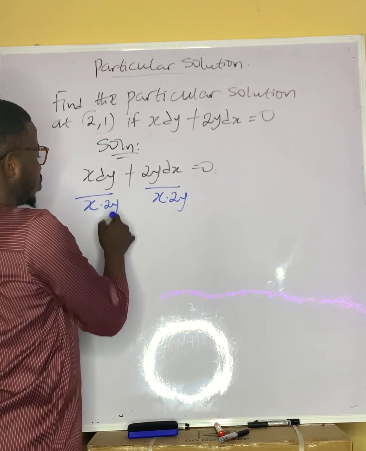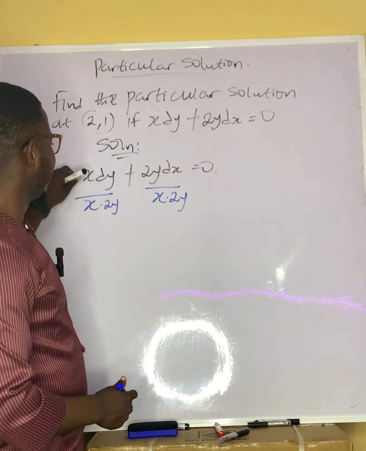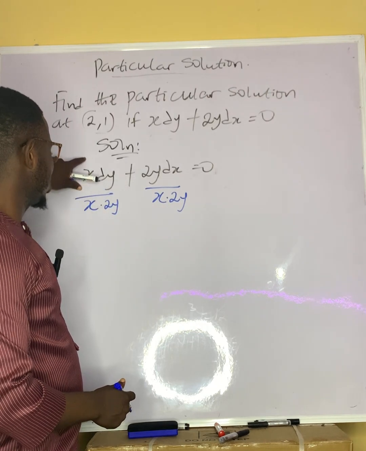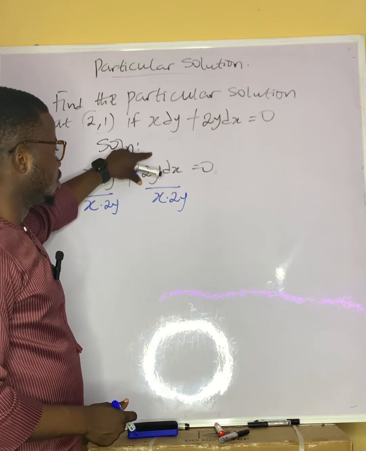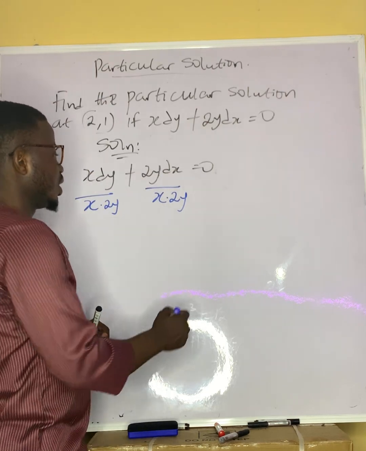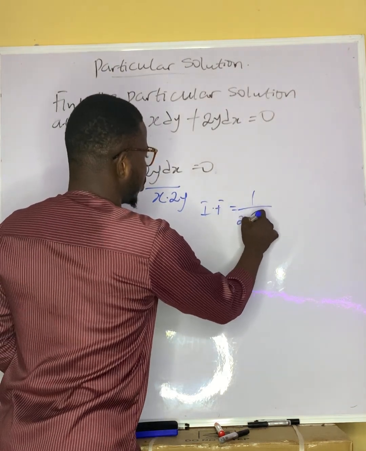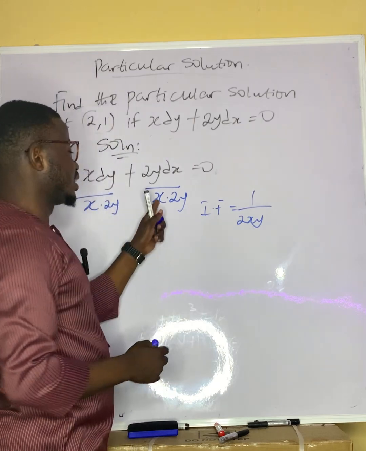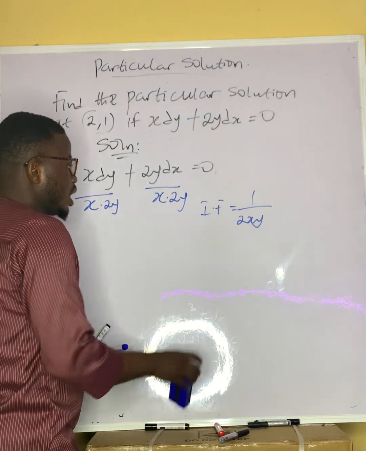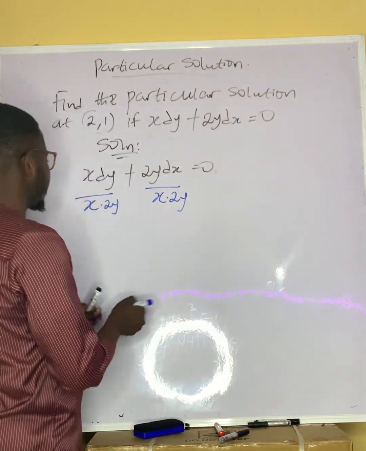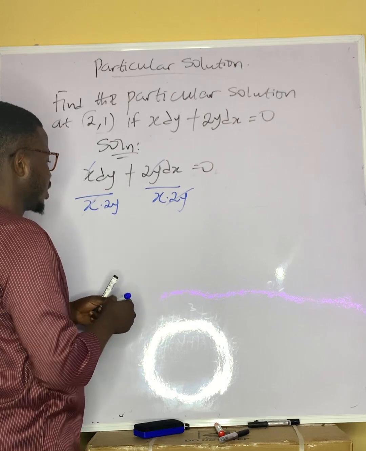The same thing, we bring that 2y to this other side as well. So now the integrating factor is 1 over 2xy. So that is 1 over x times 2y. That's the integrating factor. So now, after doing that, x will cancel x, 2y will cancel 2y.